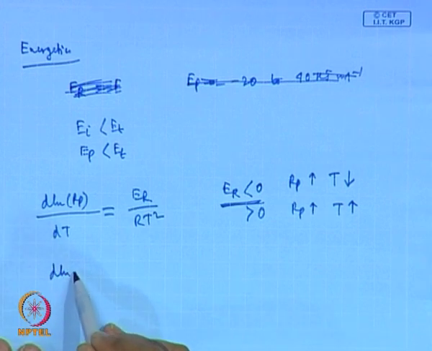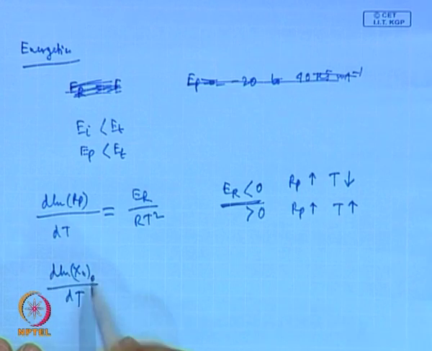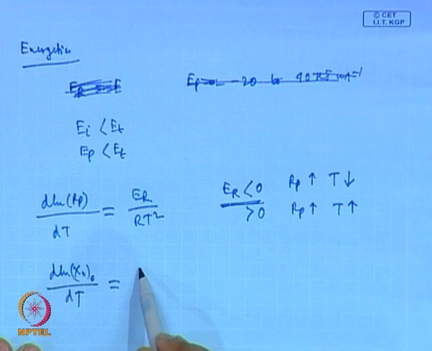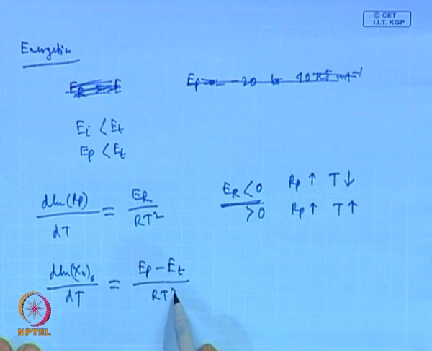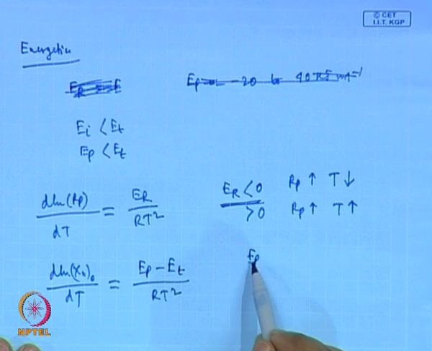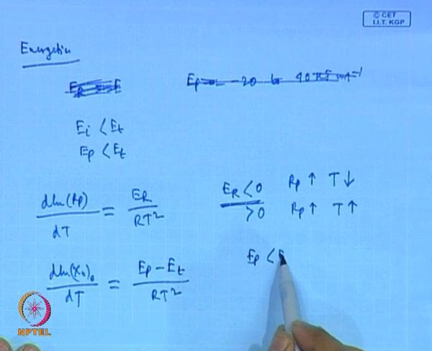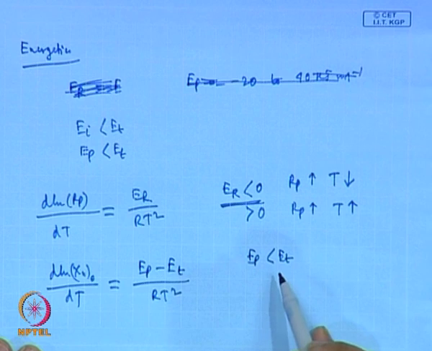Similarly, you can write the expression for the molecular weight, Xn 0, in absence of chain transfer reaction. Now, as we just said, Ep is less than Et in most general cases.